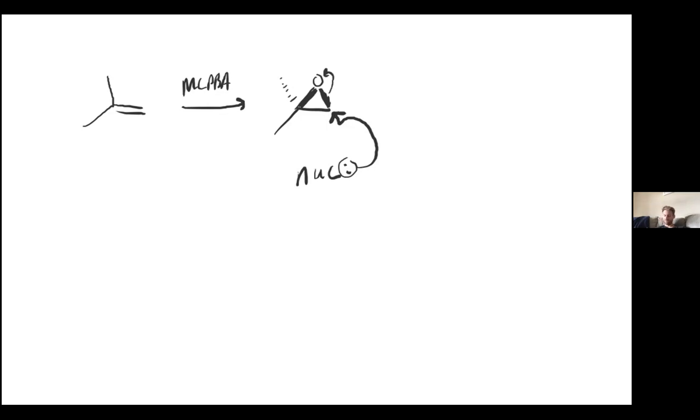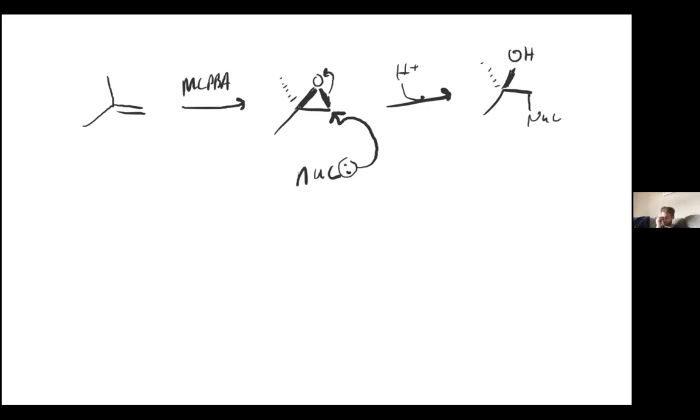We'll pick up a proton from somewhere to generate this alcohol.